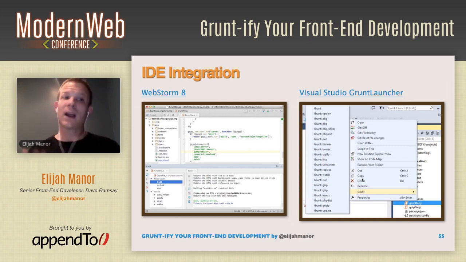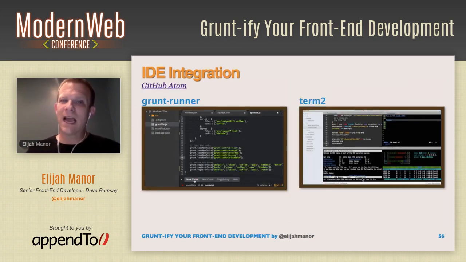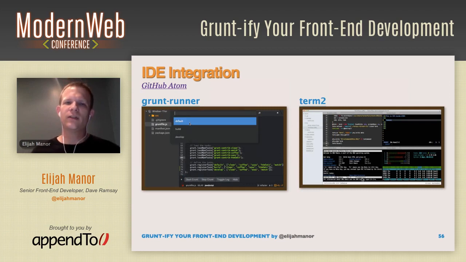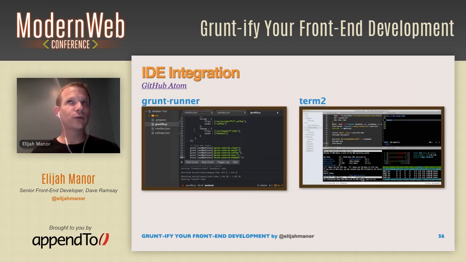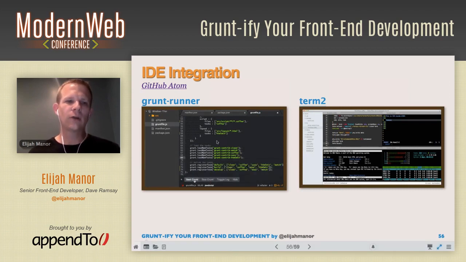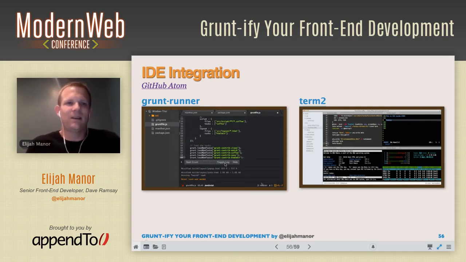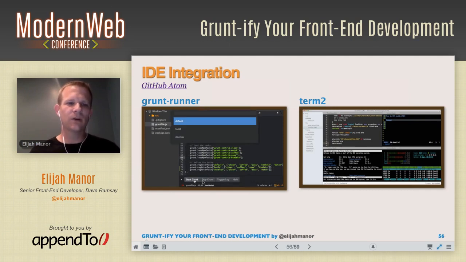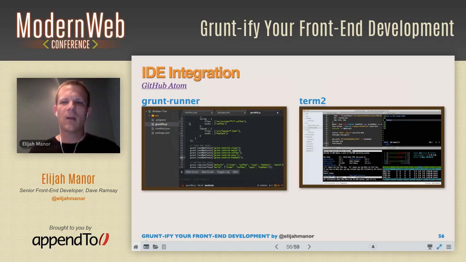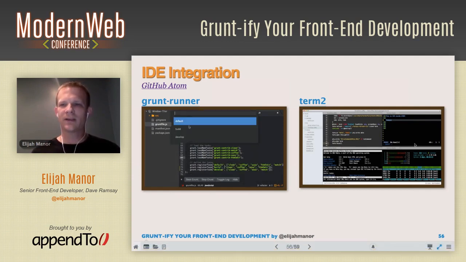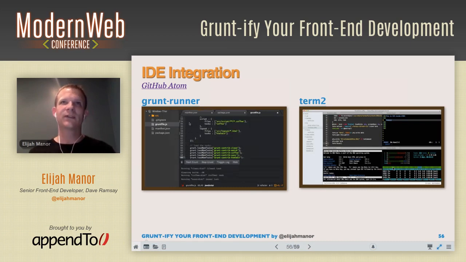So what I use is Atom. I use GitHub's Atom, which is open source. And there's three ways I personally will run Grunt. One is something called Grunt Runner. It's this little toolbar that shows up on the bottom. I don't really use this. I've tested it to see if it worked, but it seems a little cumbersome to me. I usually either use Term2, which is a way I can actually have a terminal window on the side or whatever, and I can run commands.